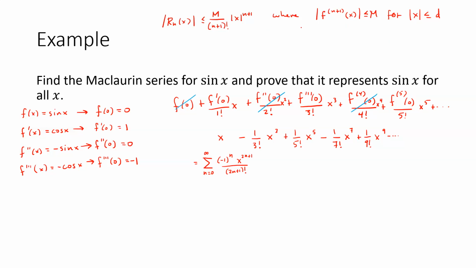And the nice thing now is that sine and cosine have a very easy upper bound. When we continue through various derivatives of sine, they're all either going to be the absolute value of sine or the absolute value of cosine. Some plus or minus version of that, but when I take the absolute values, they're always going to be positive. And we notice that these are always going to be less than or equal to 1 for any x. So here I can use m equals 1, and that'll work really well for this particular case.